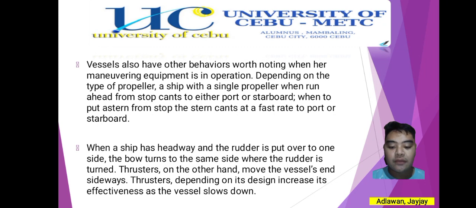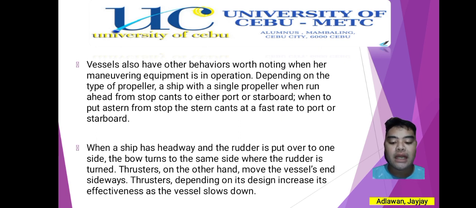Vessels also have behaviors worth noting when her maneuvering equipment is in operation. Depending on the type of propeller, a ship with a single propeller will run ahead, with the stern cants to either port or starboard. When put astern from stop, the stern cants as fast to port or starboard.